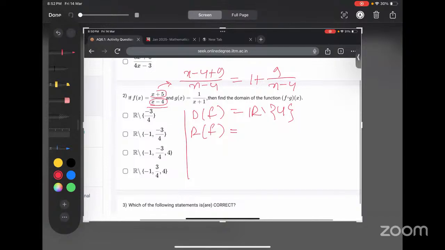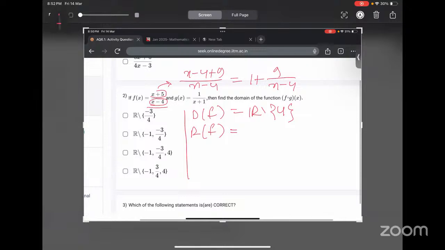Now let me know what is the range of f. Procedurally we have to go. So it will be minus infinity. First you have to put. So 9 by minus infinity, it becomes 1. Yeah, 1. And then you go to 4.